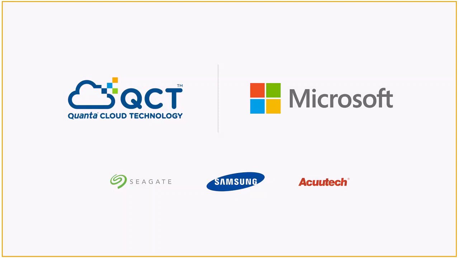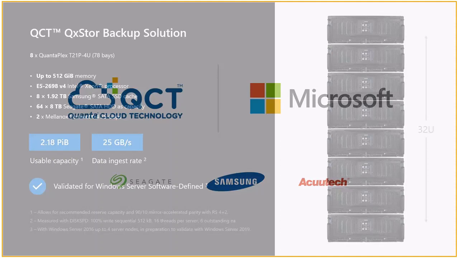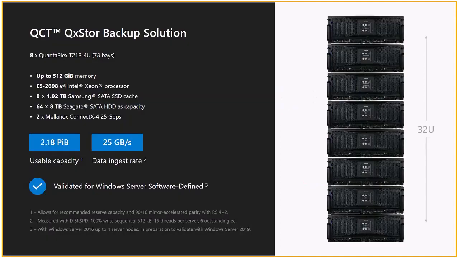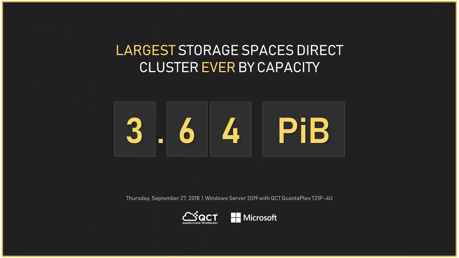So Microsoft didn't want this to be a theoretical limit. So what they did is they got some reference hardware, created a reference architecture, which is what you're seeing on the screen in front of you, and decided to push the real boundaries of storage in a hyper-converged cluster. They built this. And the figure they came up with was a single Storage Spaces Direct cluster that contained 3.64 petabytes of raw storage.